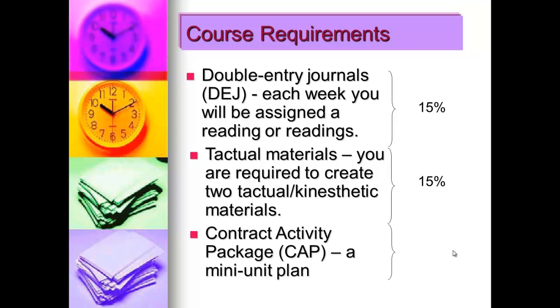A contract activity package is like a mini unit plan. I used to have you develop a unit plan as your major performance activity in this course. But I decided to do a contract activity package because it's very similar to a unit plan, and it's a method of differentiating. So you can use a contract activity package to differentiate content, product, and process.